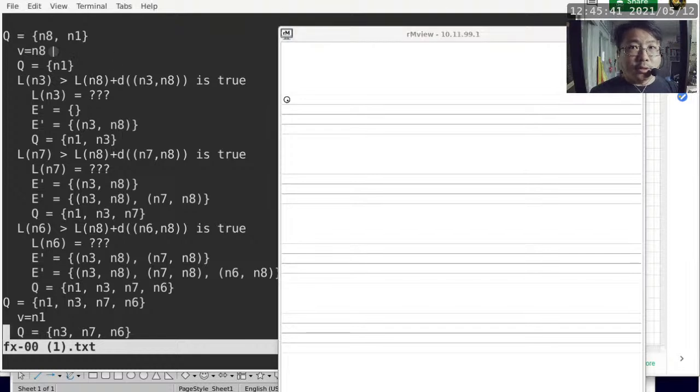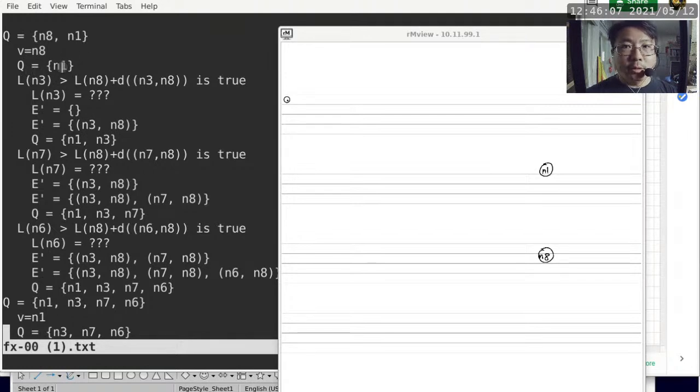What it's telling us in the initial condition is because Q has an initial value of n8 and n1 in the set, that means we have two destination vertices. One is n1 and the other one is n8. So as a result, we'll go ahead and specify n1 and n8 as our destination vertices.